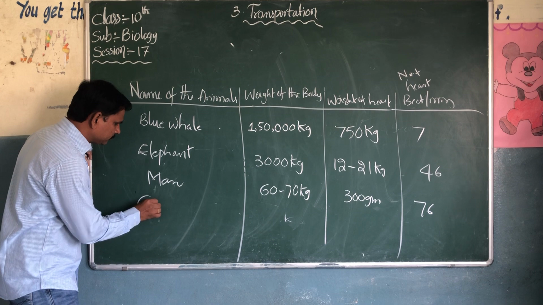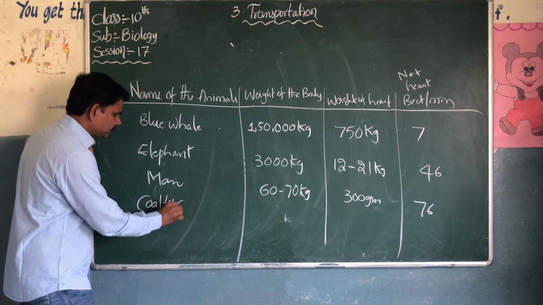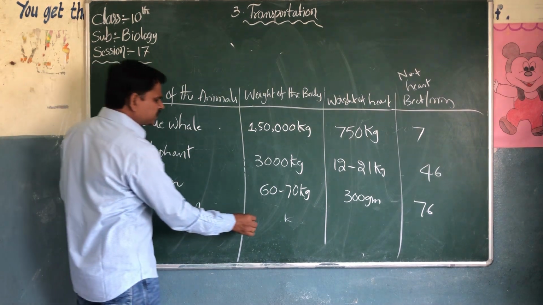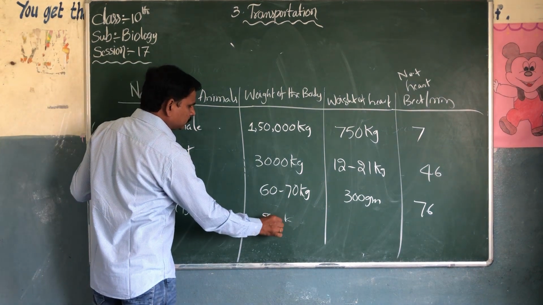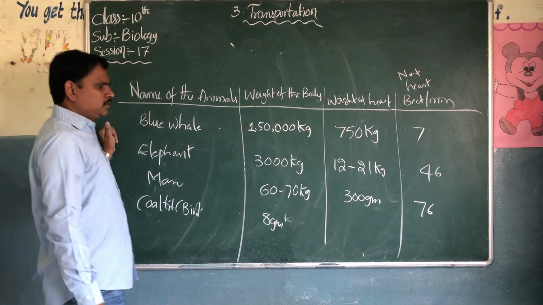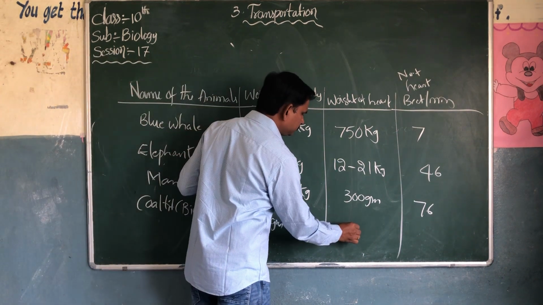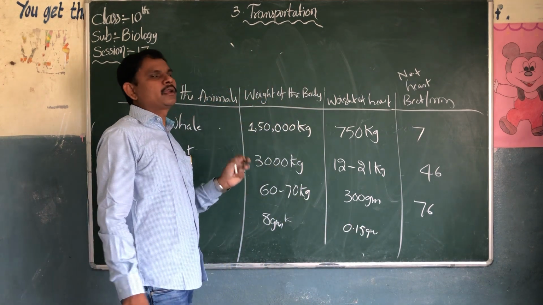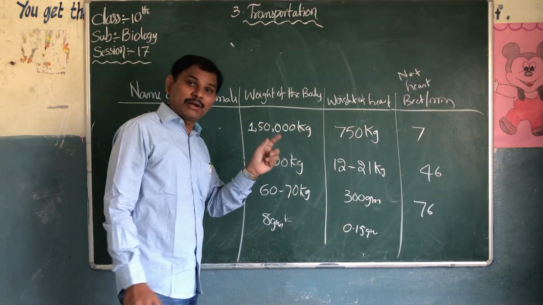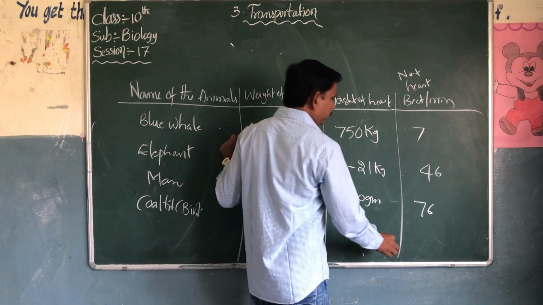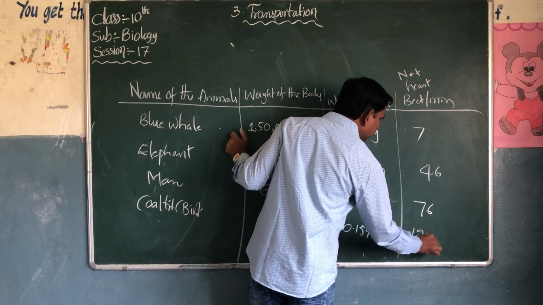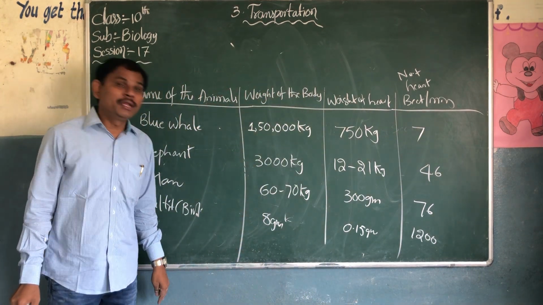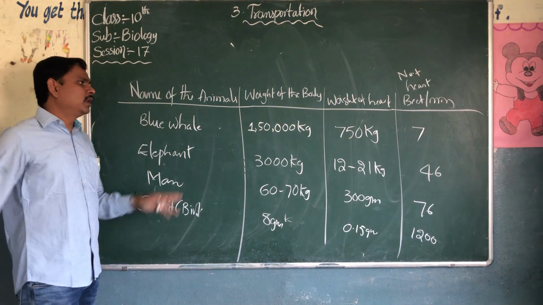Hummingbird, around just 8 grams body weight, and the heart weight 0.15 gram. Its heartbeat rate is around 1200 per minute. So this is about the names of the animals.